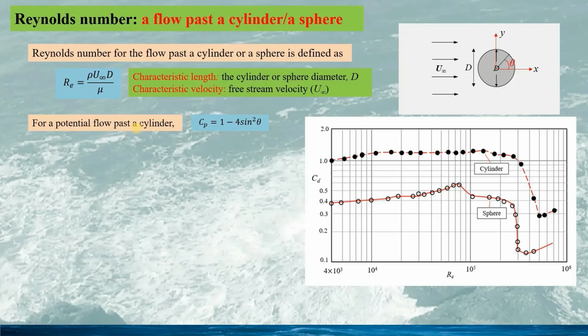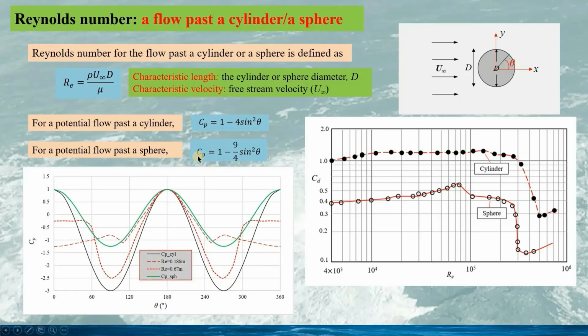And there is an analytic solution for the potential flow past the cylinder. The pressure coefficient would be given by this formula. And similarly, for the potential flow past the sphere, the pressure coefficient would be given by this formula. And theta is the angle defined in here.